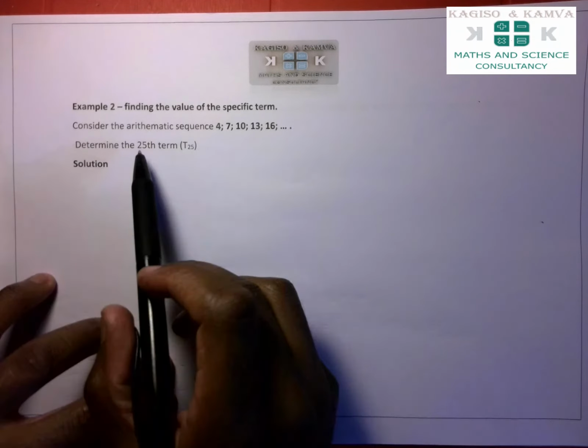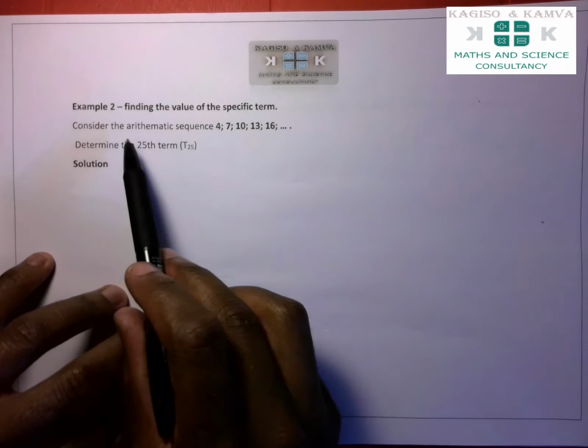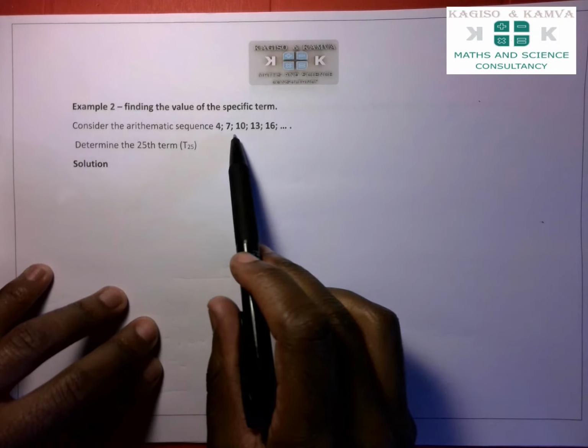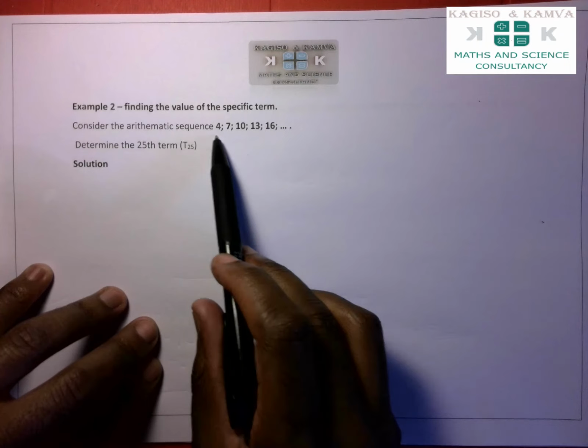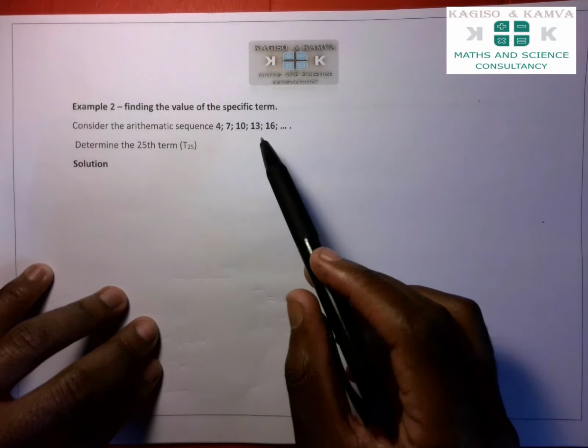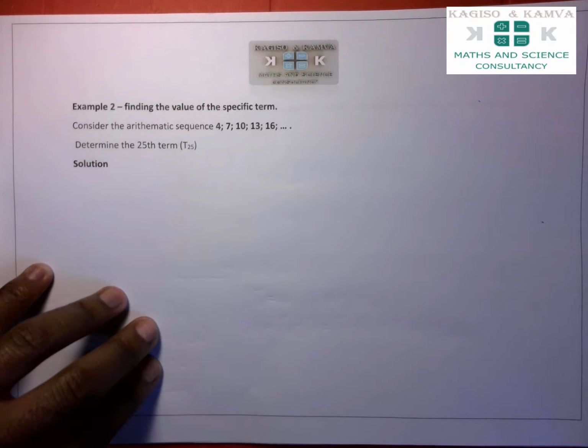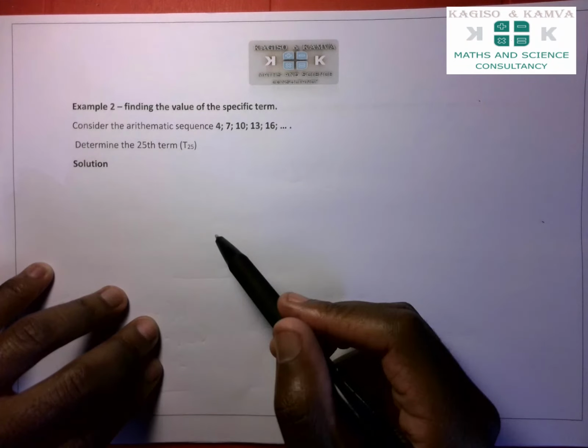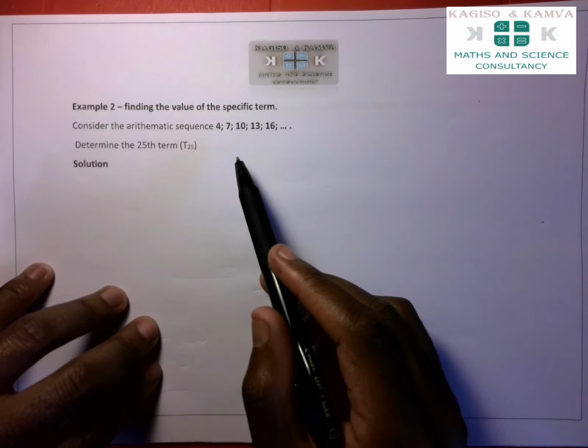Now, what do we have? In this case, this is the same number pattern as the previous one. I did not want to use another pattern, just to make things simple for us.